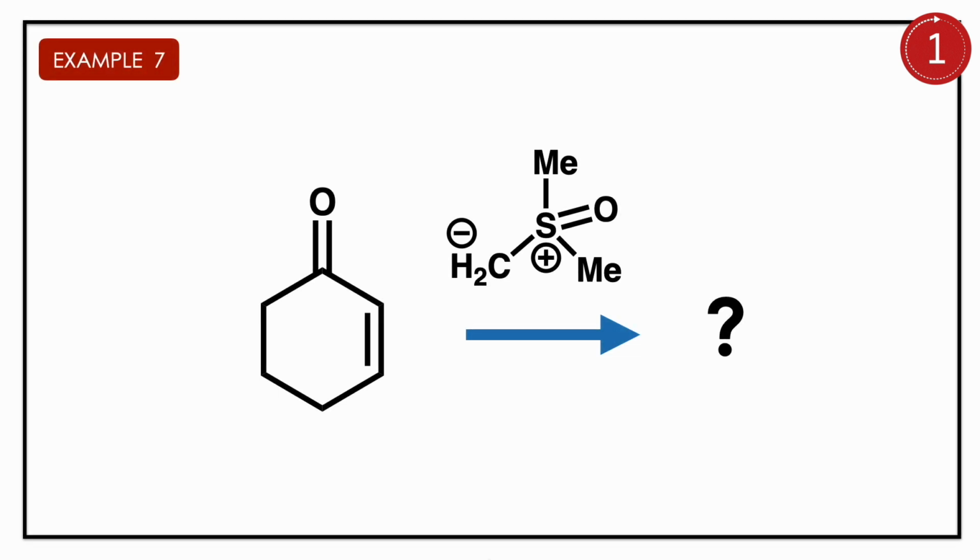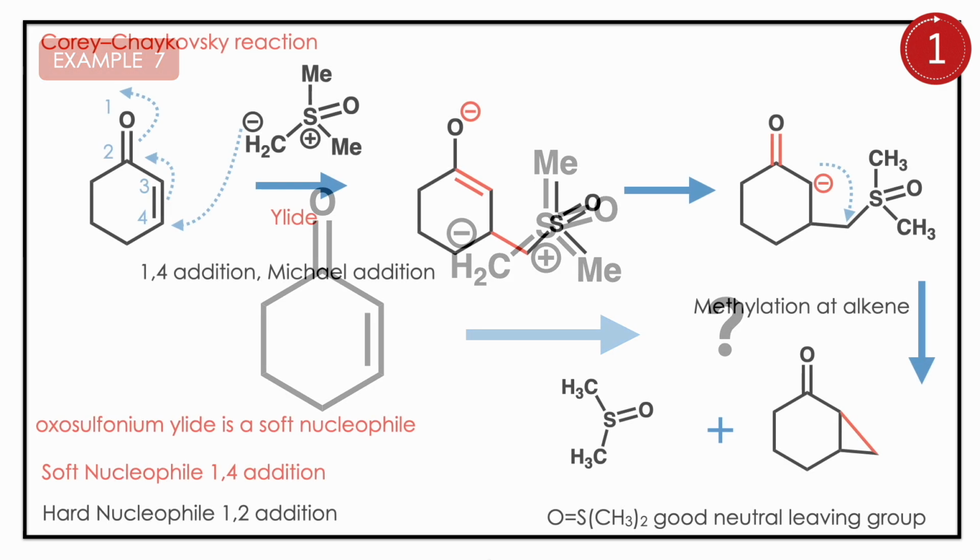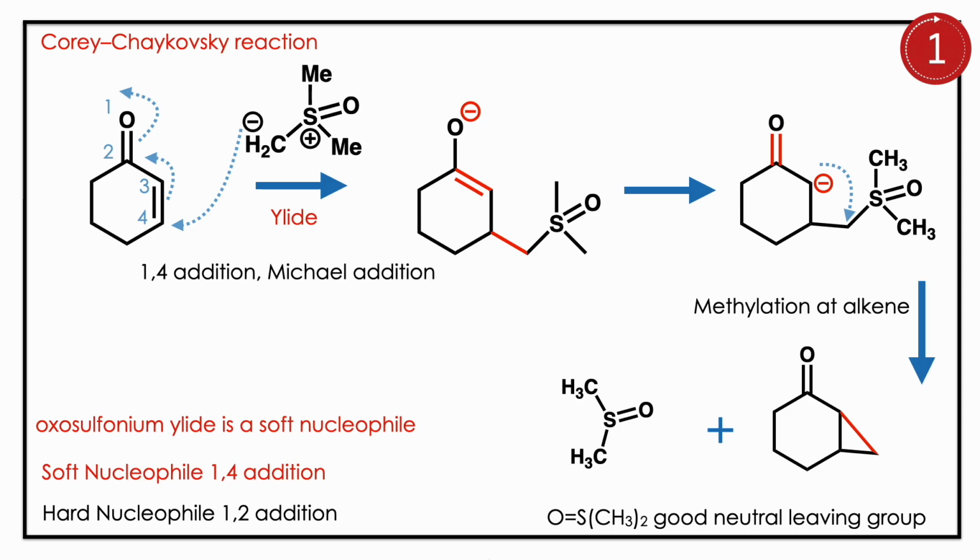Then the next example, you have cyclohexenone reacting with a sulfoxonium halide which has a CH2 nucleophile. You should find what will be the final product. Here you have a sulfoxonium halide. Sulfoxonium ylides are bulky and soft, so it acts like a Michael donor. So 1,4 addition is possible since the starting material is a conjugated ketone.